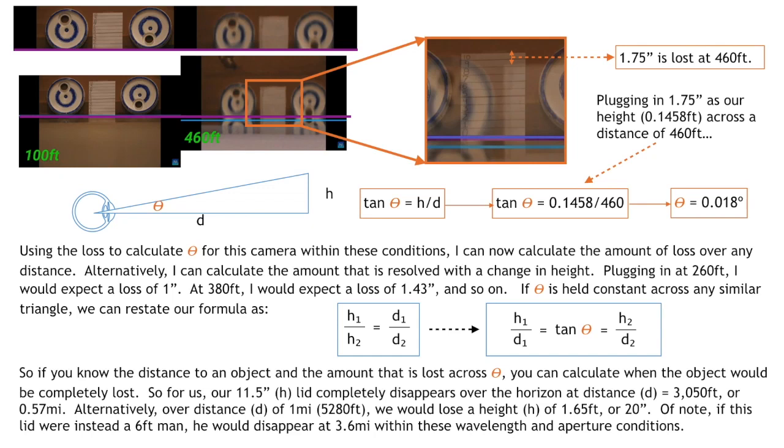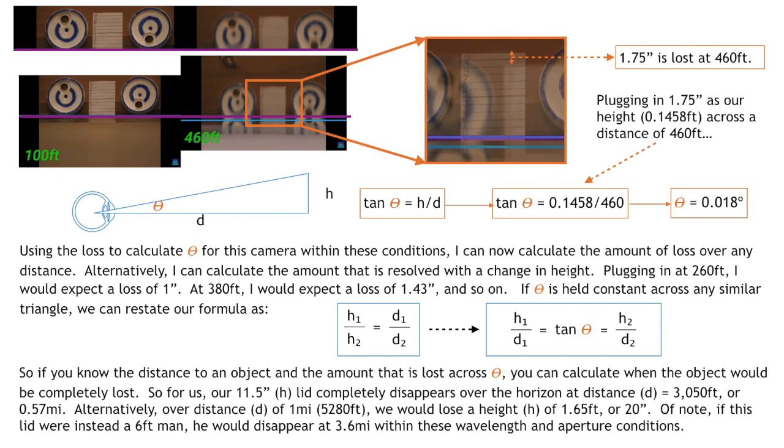If theta is held constant across any similar triangle, we can restate our formula as h1 over h2 equals d1 over d2, right? And those ratios then could correspond to one another across tangent theta as h1 over d1 equal to h2 over d2.